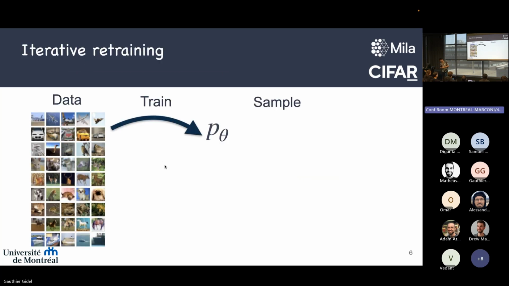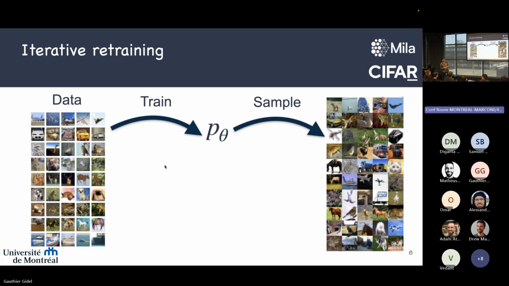So what is the idea? You have the data. You first train your generative model. You get this p theta 0. You sample new data now not from the distribution p data, but from p theta.